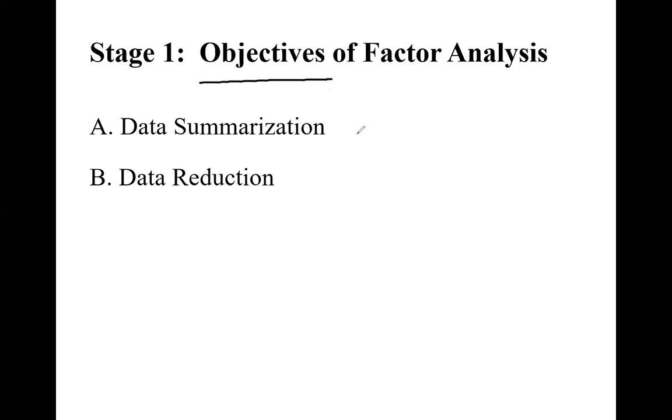So I told you the purpose or objective of factor analysis: data summarization and data reduction. Data summarization means we club questions of the same nature, question numbers 1, 2, 3, 4, 5, and give a name to this factor, for example factor number 1, factor number 2, factor number 3, and so on.